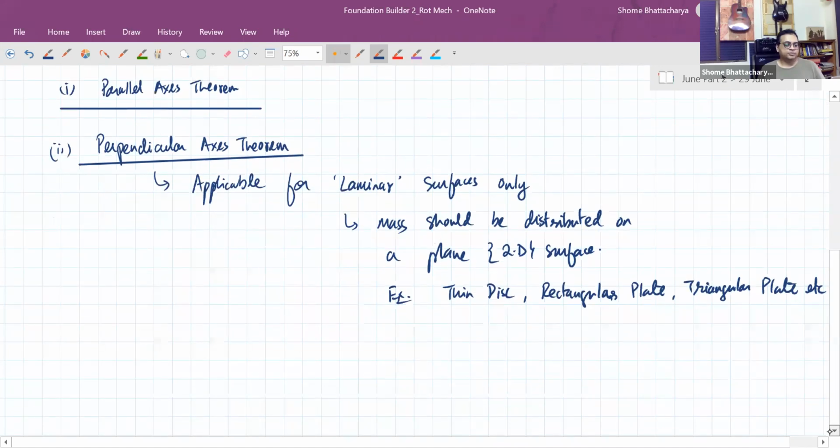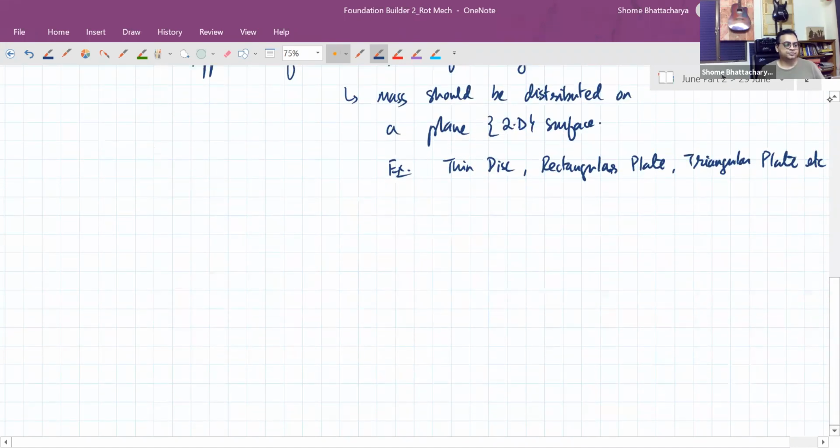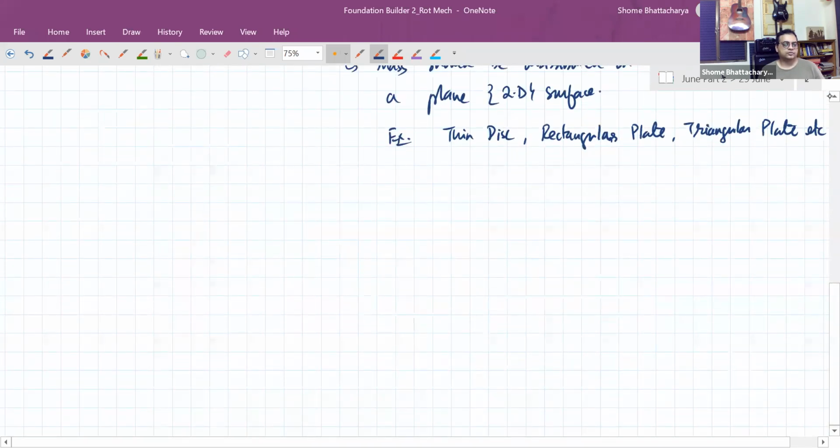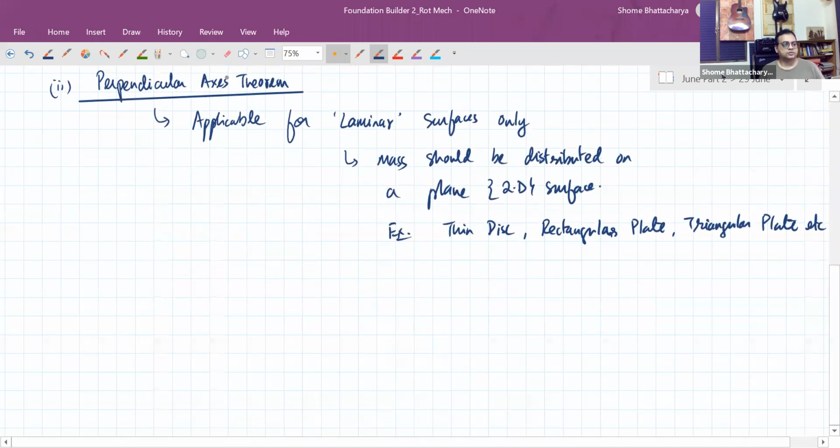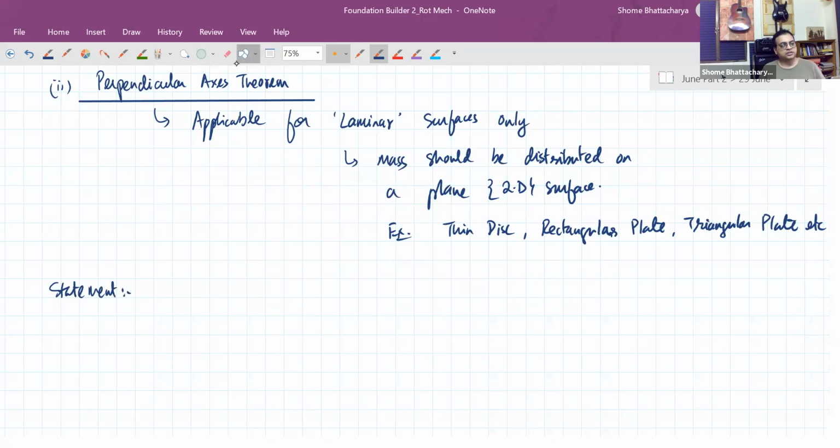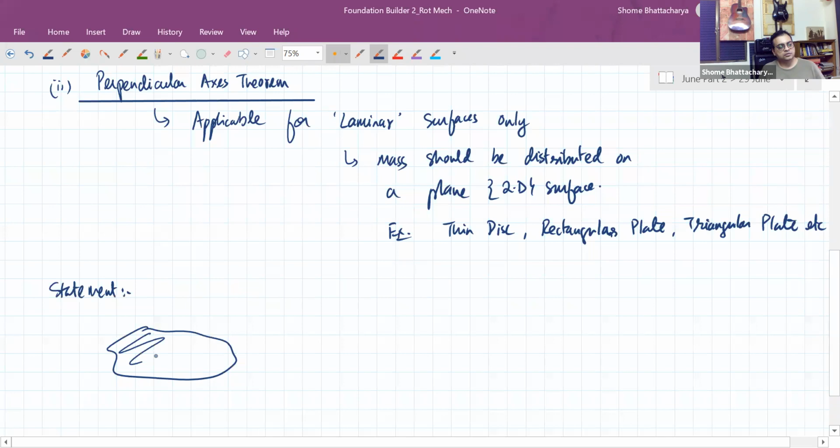So let's understand the statement of the perpendicular axis theorem. The statement of the theorem is like this, that if we consider a laminar surface of any arbitrary shape, which is lying in, let's say, the xy plane, this is our x-axis, this is our y-axis.